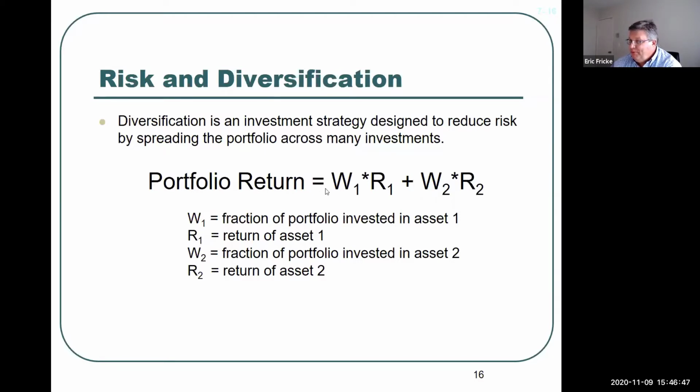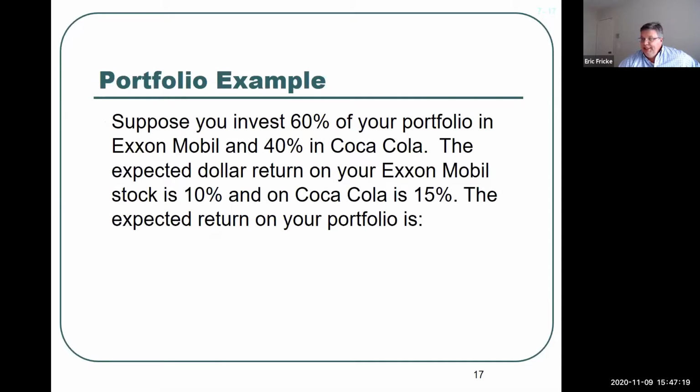For example, if we only have two stocks and 60% of your money is invested in stock one, then automatically the other 40% is invested in stock two. So W1 and W2, the fractions, have to add up to 100%, right? Here's a simple example.